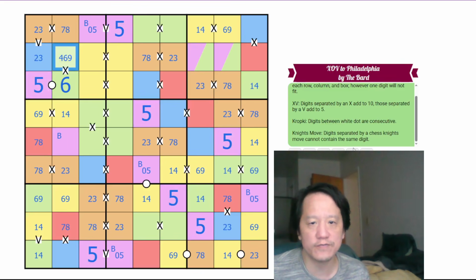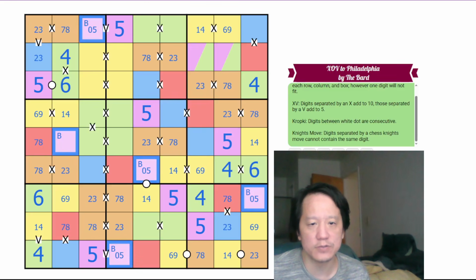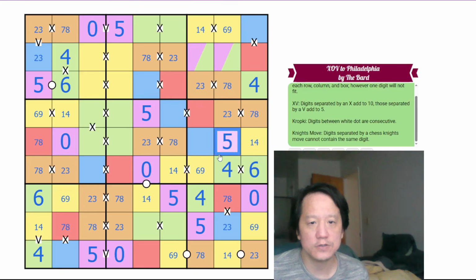So this is 4 here. This is 4. That's 6 and 4. That's 4 and 6 and 4. So B has to be 0. So this is 0.